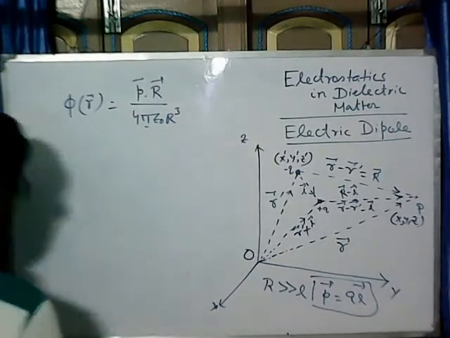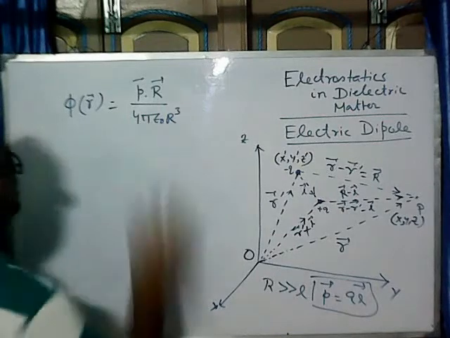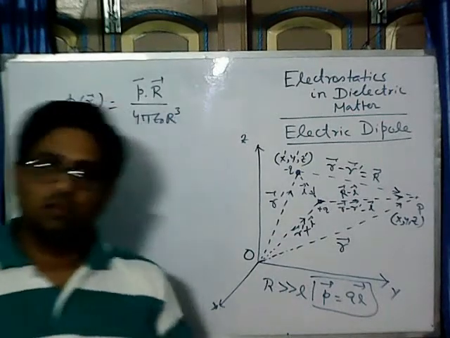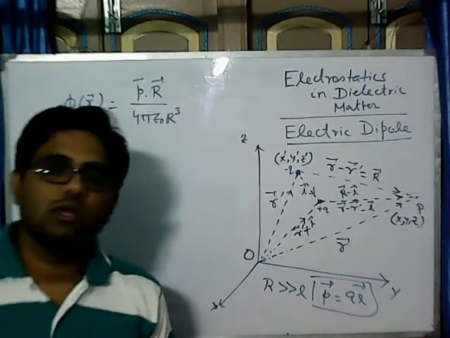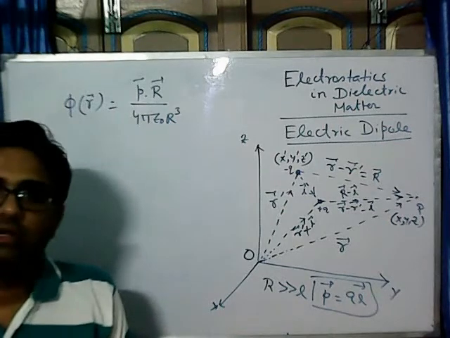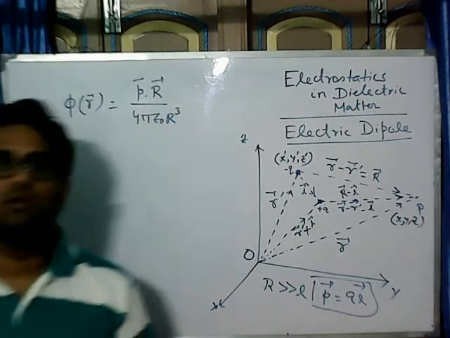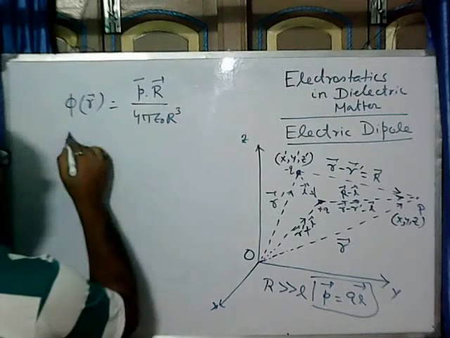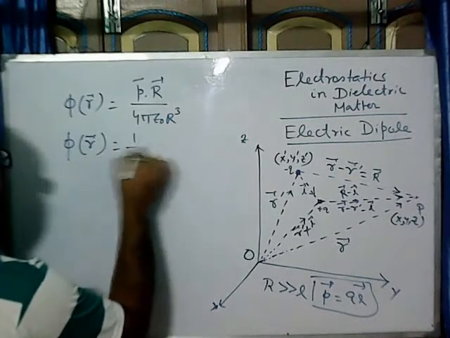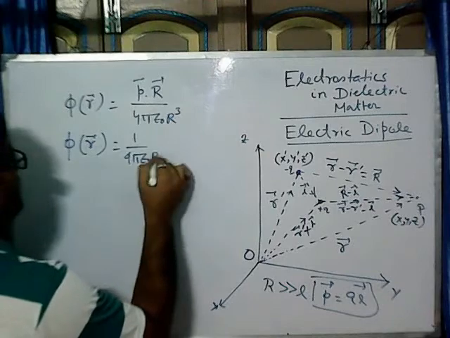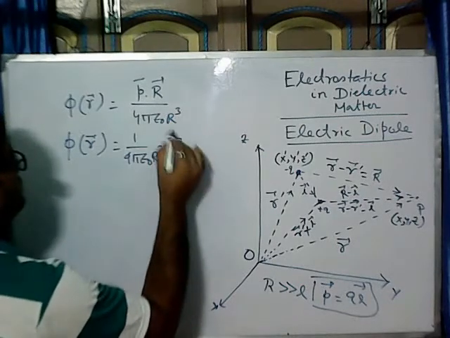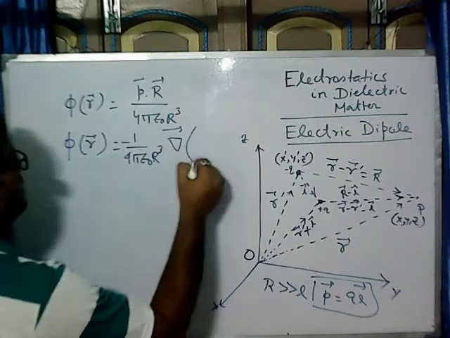So if you want to write it in the field coordinate, that is possible. If you want to write it in the source coordinate, that is also possible. So this phi r we can write as 1 by 4 pi epsilon naught r cube, with a minus sign del 1 by r.